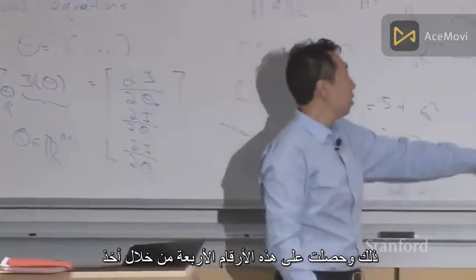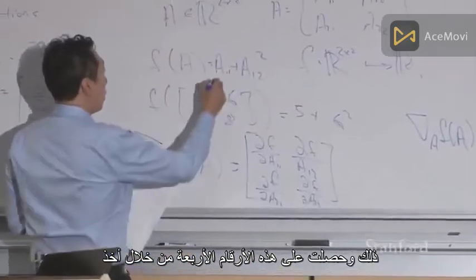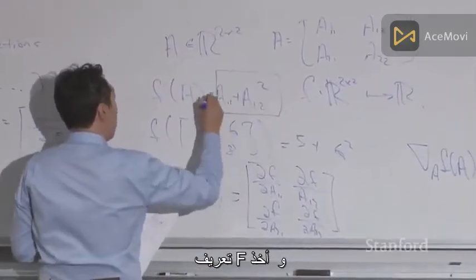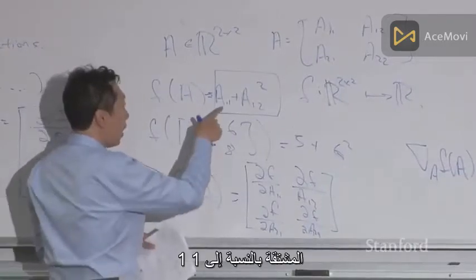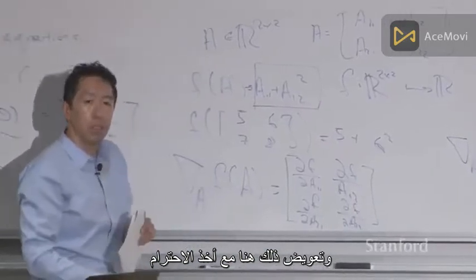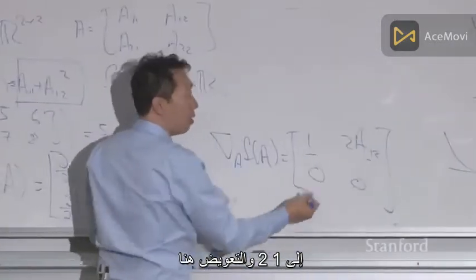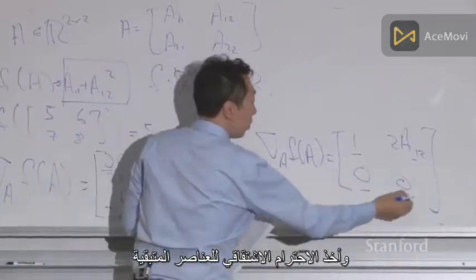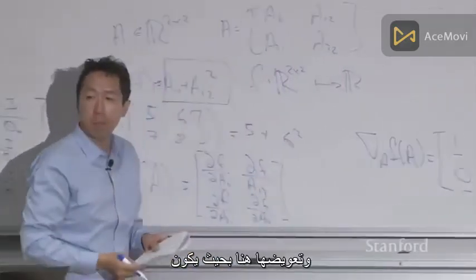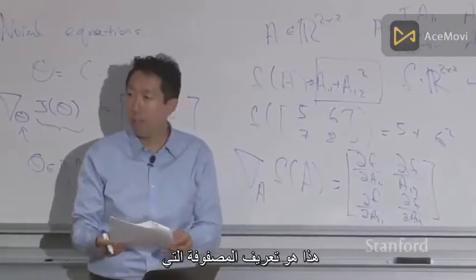I got these 4 numbers by taking the definition of f and taking the derivative with respect to A11 and plugging that here, taking the derivative with respect to A12 and plugging that here, and taking the derivative with respect to the remaining elements and plugging them here, which was 0. So that's the definition of a matrix derivative.